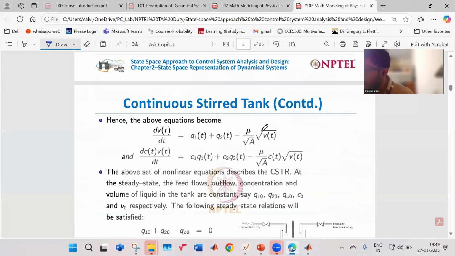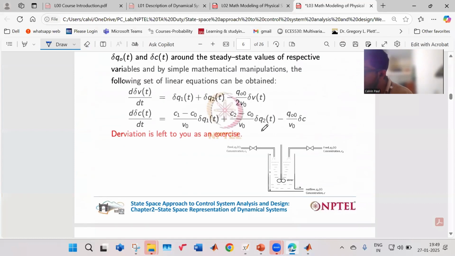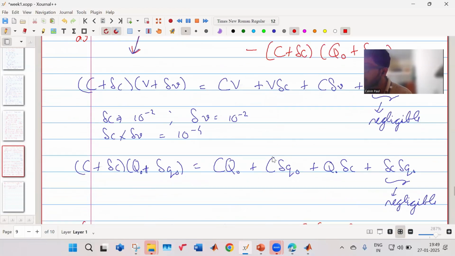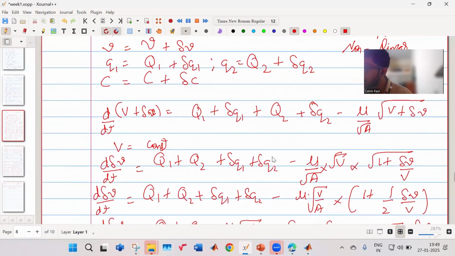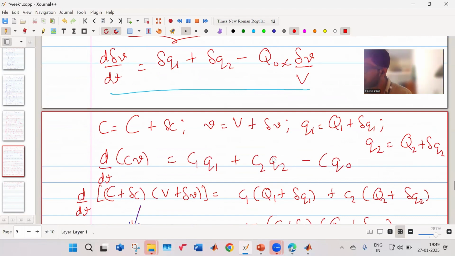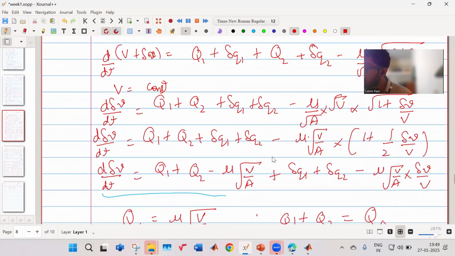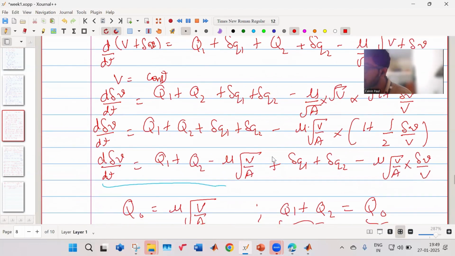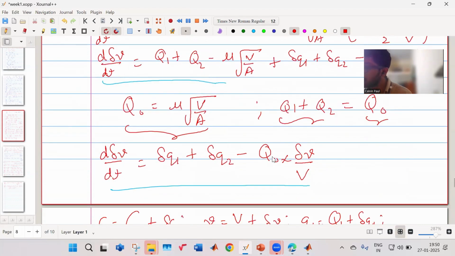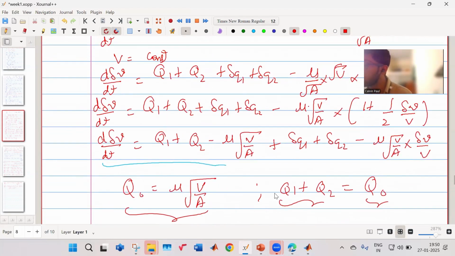Let us check. We have forgotten minus Q naught by 2.